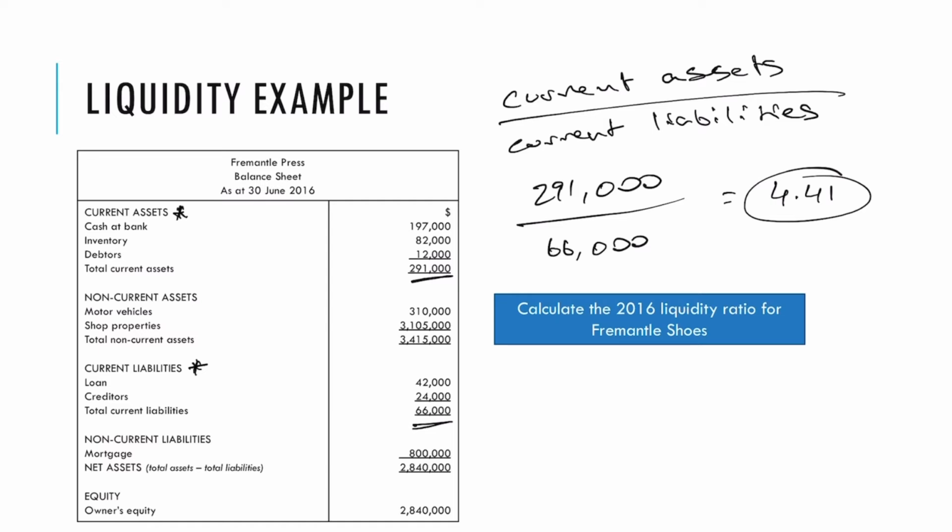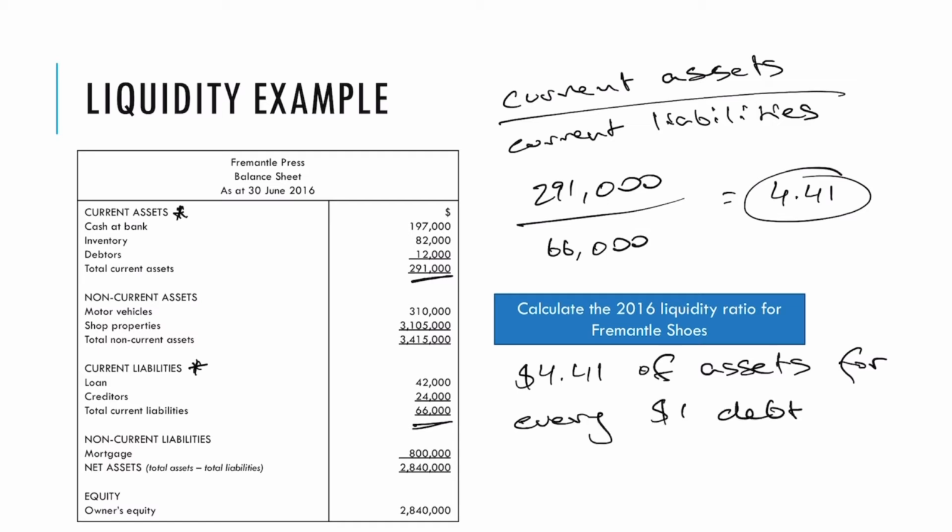We can say that Fremantle Shoes actually has $4.41 of assets for every $1 of debt that they owe. So we can see that they're quite liquid, okay? They're in a pretty strong financial position.